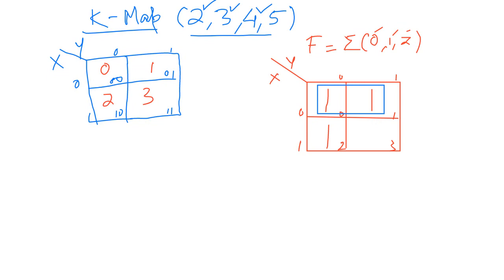For this one, for x, it is the top row, which is 0. So we'll say it is x dash. 0 means dash, and 1 is the same variable. Regarding y, we have got 0 and 1 because both of them are included. So the principle is if all combinations are there, we'll neglect. So there is no y, just x dash. That is about these two.